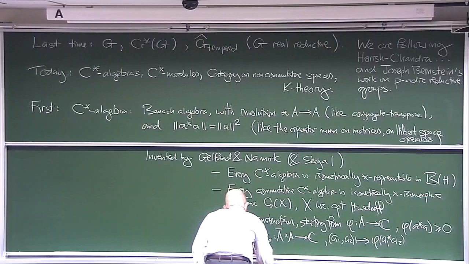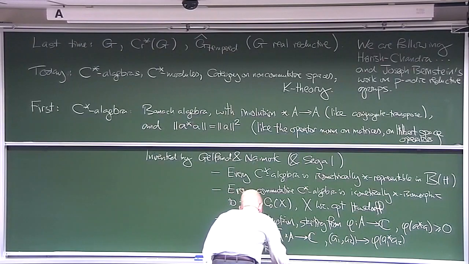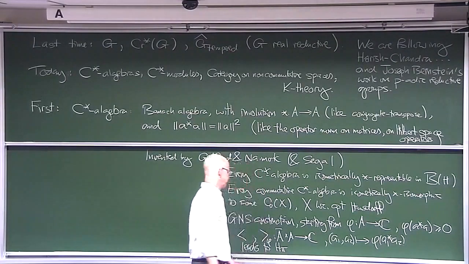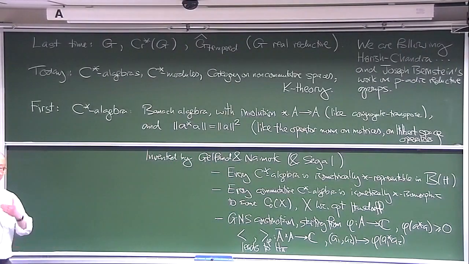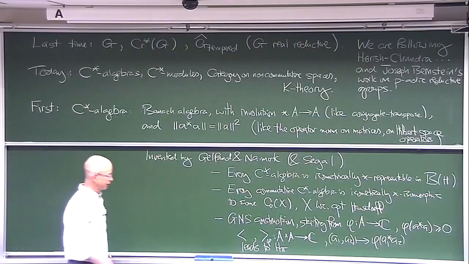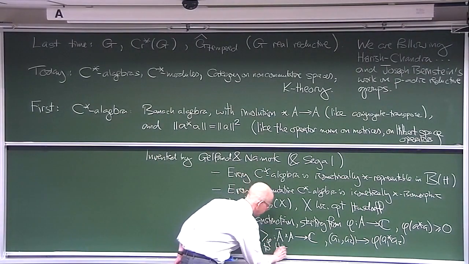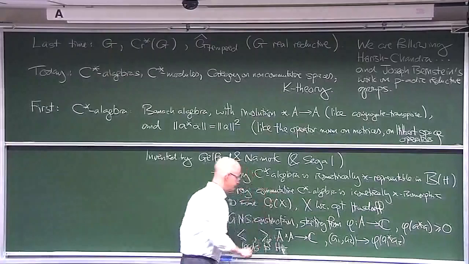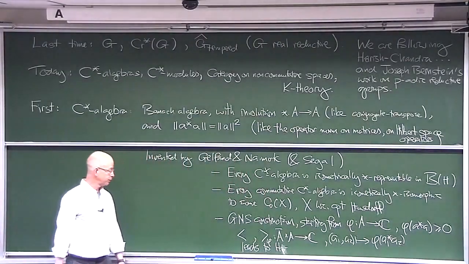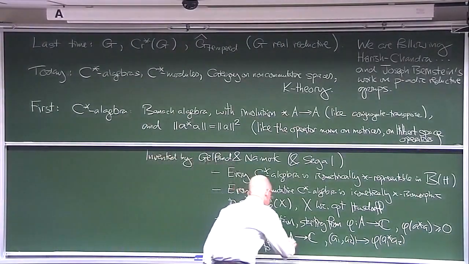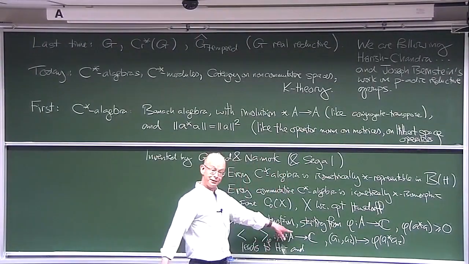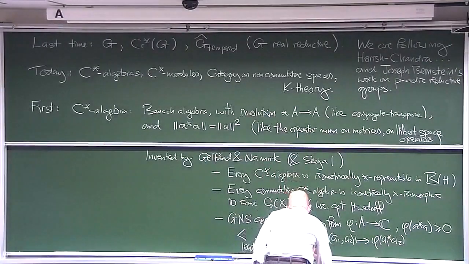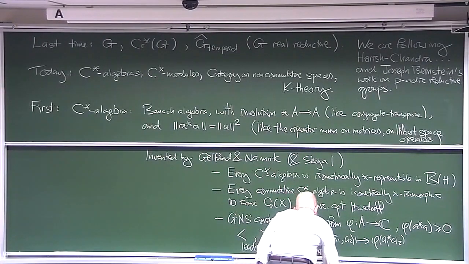But you can always, using the Cauchy-Schwarz inequality, form the quotient space by the vectors of length 0. The space of vectors of length 0 is a vector subspace, and when you divide by it, you get an inner product space, and when you complete, you get a Hilbert space. And this Hilbert space is related to A, so it stands to reason that A should act on this Hilbert space by left multiplication, and it does.